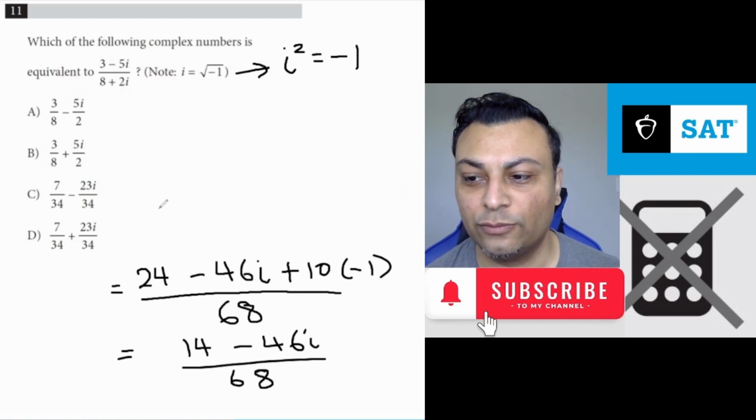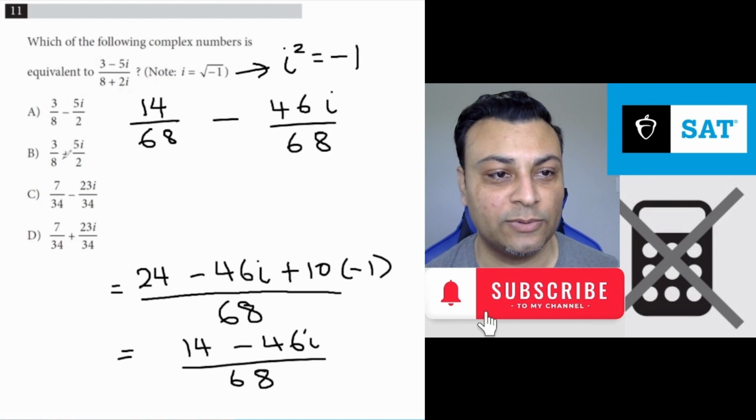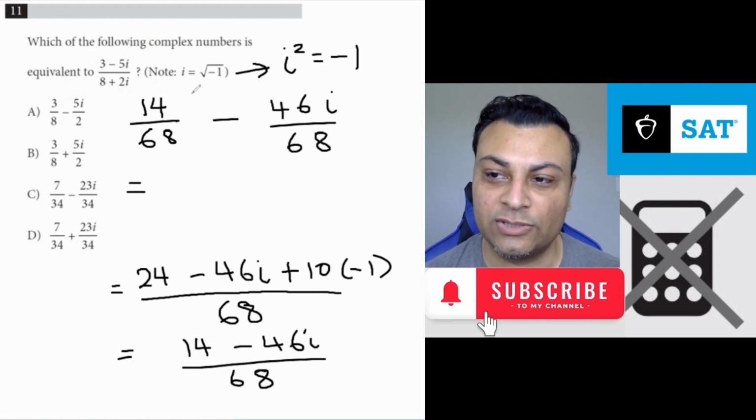So we have 14 over 68. I'm going to rewrite this up here. So we have 14 over 68 minus 46i over 68. I split it up into two fractions because the options that we have involve that. 14 over 68 can be reduced because they're both even numbers.